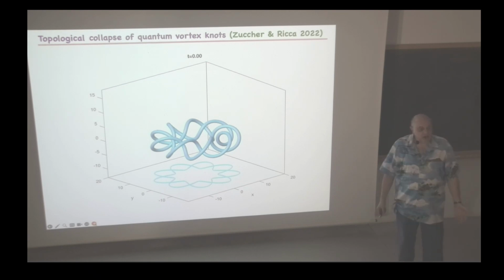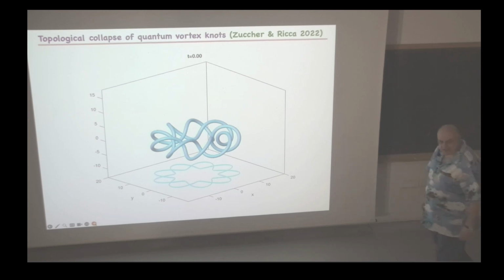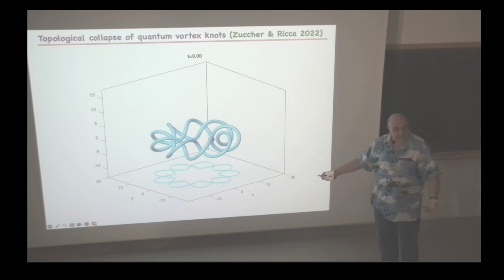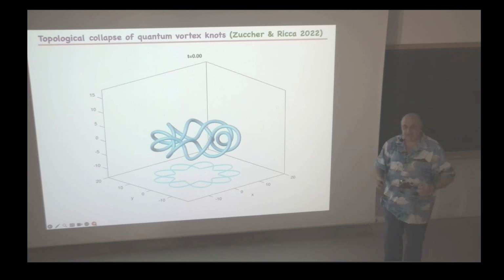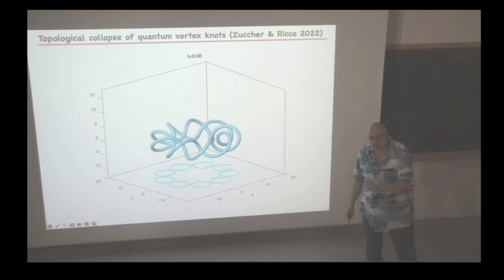But of course, on a computer, you put this configuration in, and it is highly symmetric, and so you expect that maybe reconnections take place simultaneously, not one at a time, but many at a time. That's why we may expect a topological collapse.